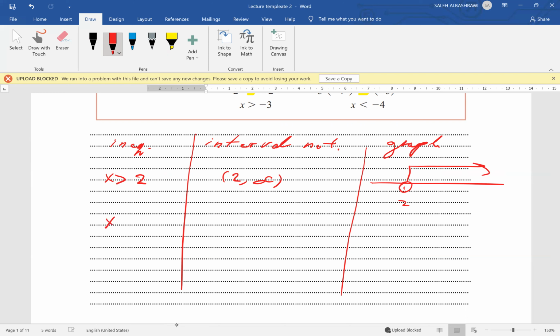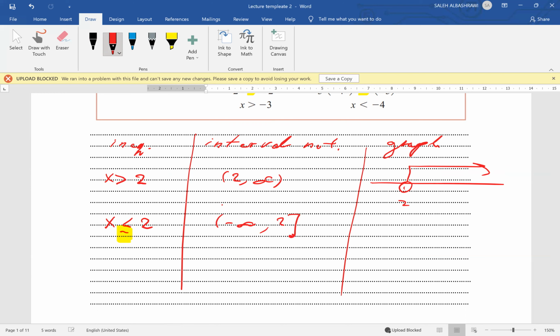If I have x less than or equal to 2, for example, this notation means equal. Less than or equal means the number 2 is included in the solution. So this can be written as minus infinity, since it is less than 2, meaning 1, 0, minus 1, minus 2, goes to 2.